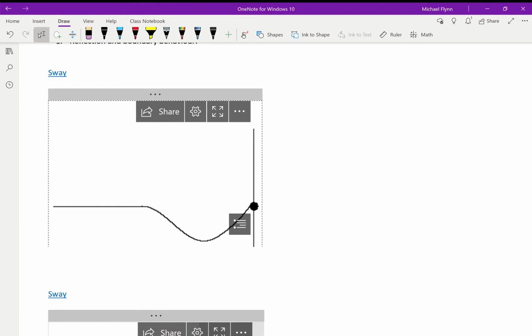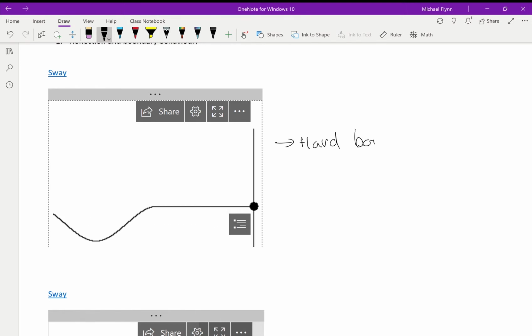It changes phase. The crest becomes a trough. Now, if I'd started with a trough, it would become a crest. So, in other words, here we call this a hard boundary or a fixed end.